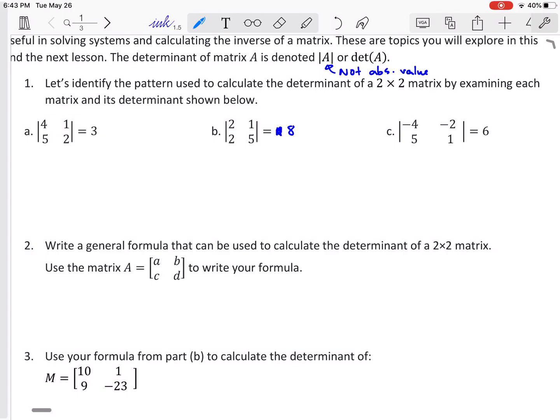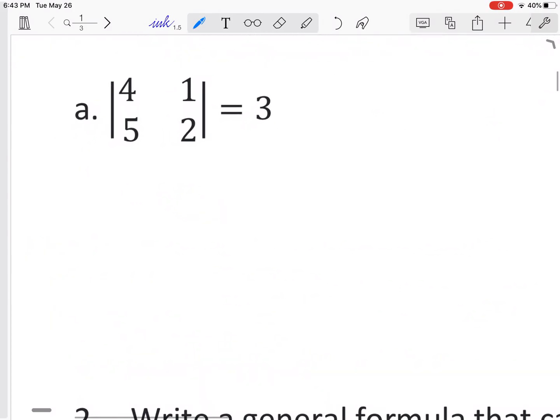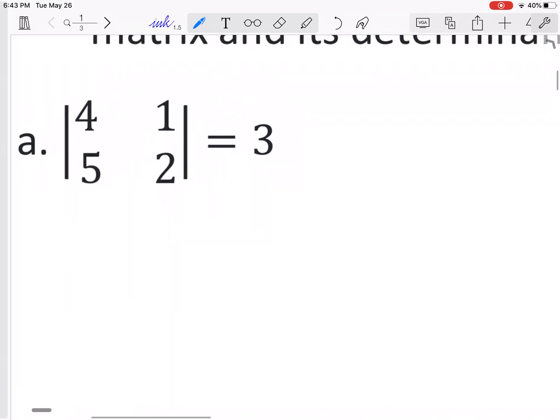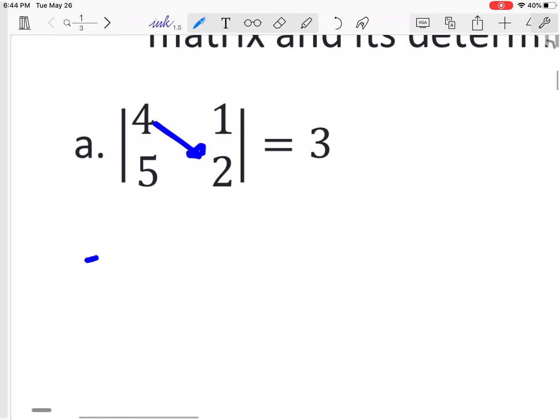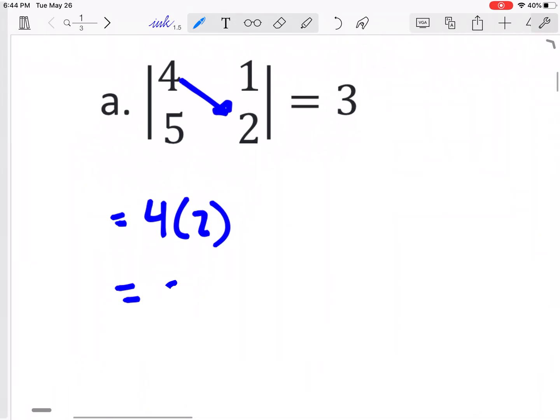Alright, coming back together, I realize a couple things. So, we're getting 3 here. What seems like it's happening, if I multiply these two numbers, 4 and 2, 4 times 2, that's going to give me 8.